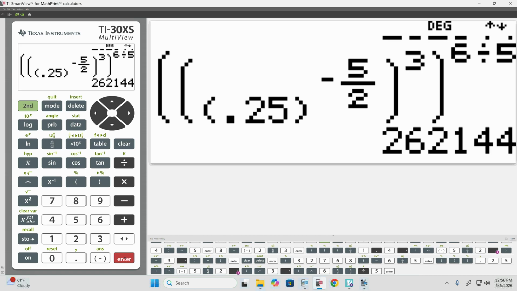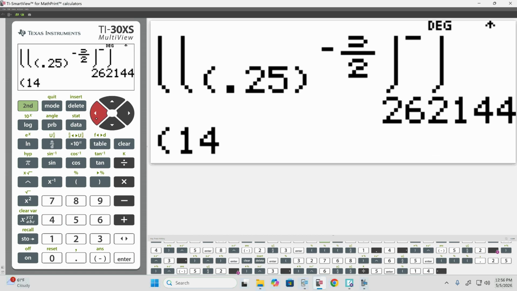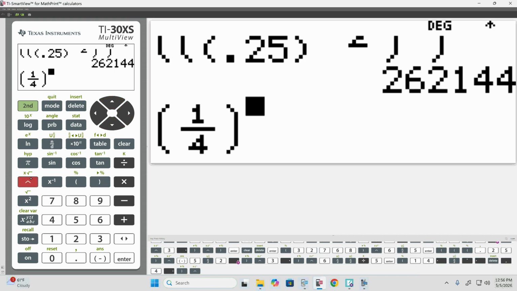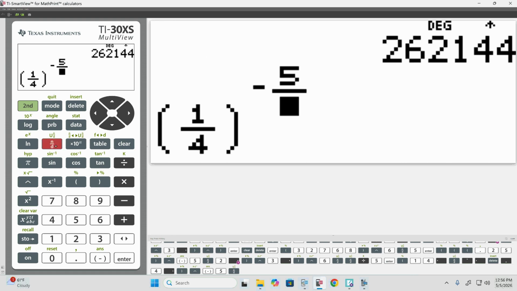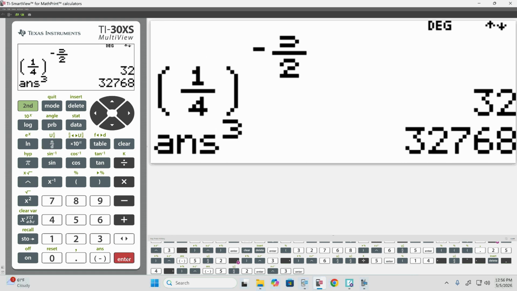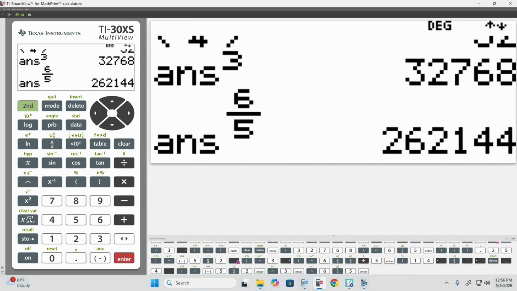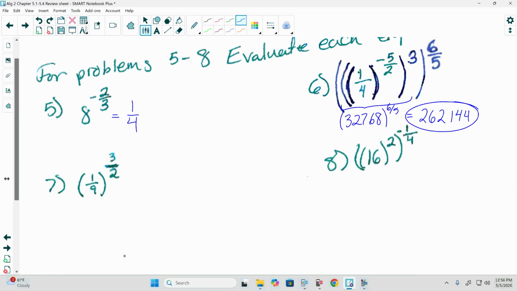Or we can take it bit by bit: 1/4 to the negative 5/2, then we put that to the 3rd, and then we put that to the 6/5. So we can take it bit by bit or break it up as we need. Different ways we can do it, different ways we can get to the answer. But the answer is still 262,144.